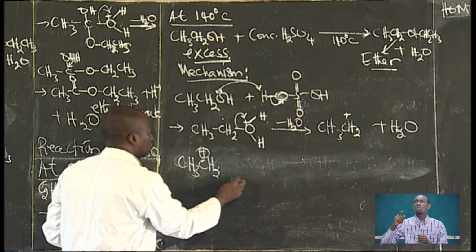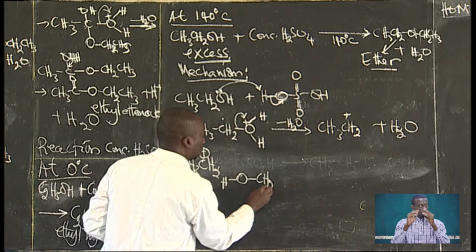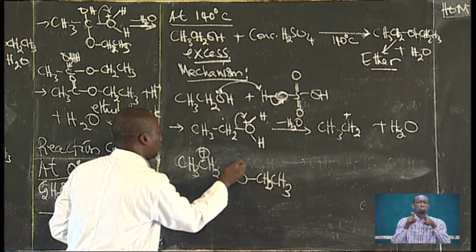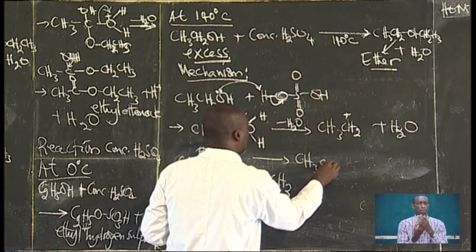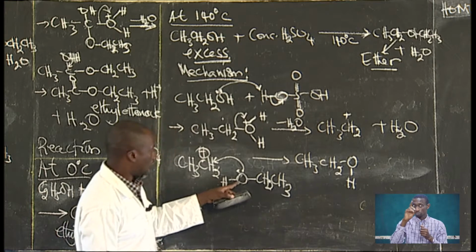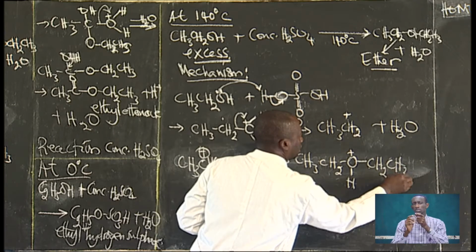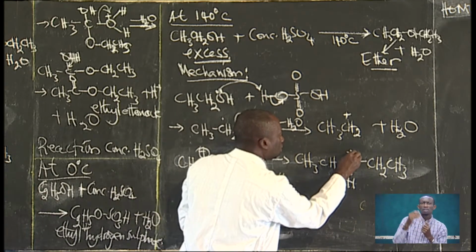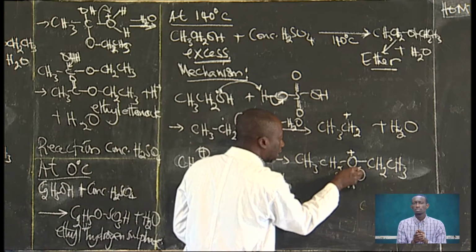So if it is in excess, another alcohol, the same alcohol, is now attacking. The lone pairs here come to attack the carbon here, and then it will form CH3CH2 with oxygen, but this oxygen has a hydrogen atom, so this will be a positive charge, CH2CH3. So here, this positive charge has to be neutralized. How? By this bond breaking.